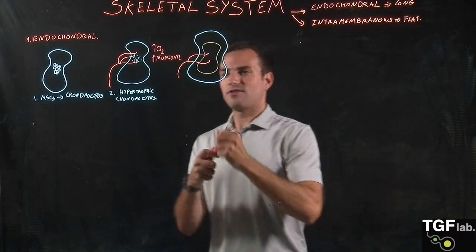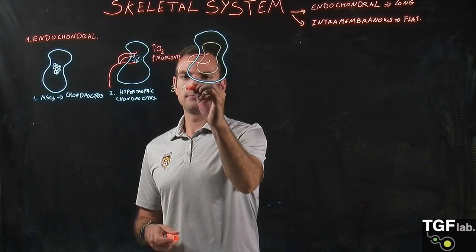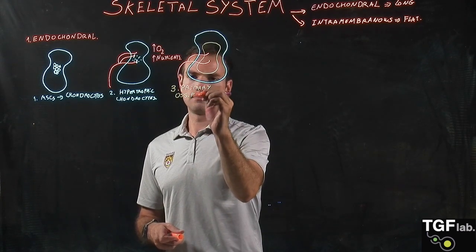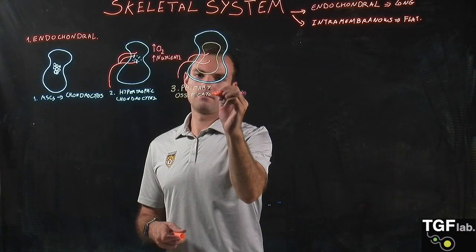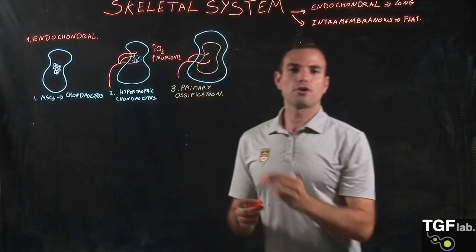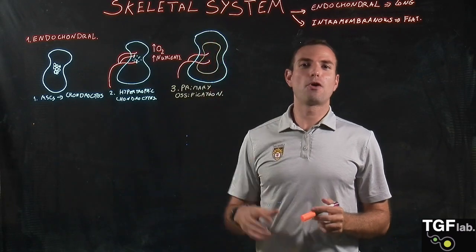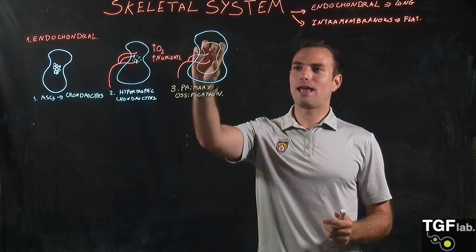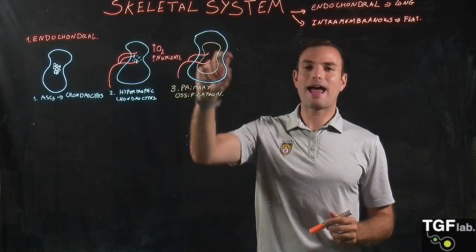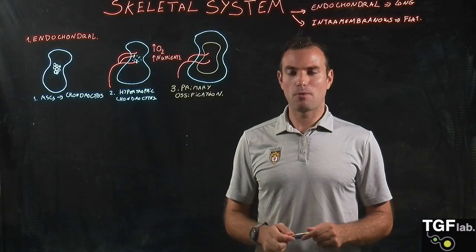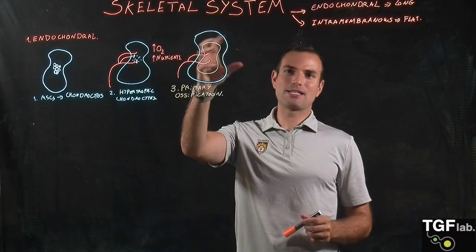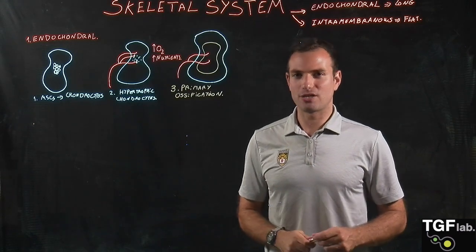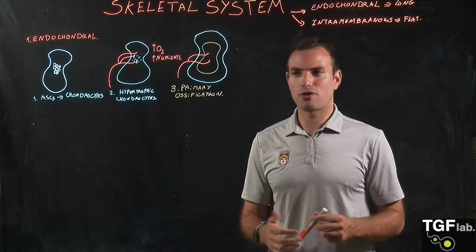This primary ossification center is in the center of the bone, so that's going to originate later the diaphysis and also the medullary cavity, where we are going to have the bone marrow. And this is just going to be the secretion of more bone tissue and more components of the bone ECM and more bone remodeling and maturation.